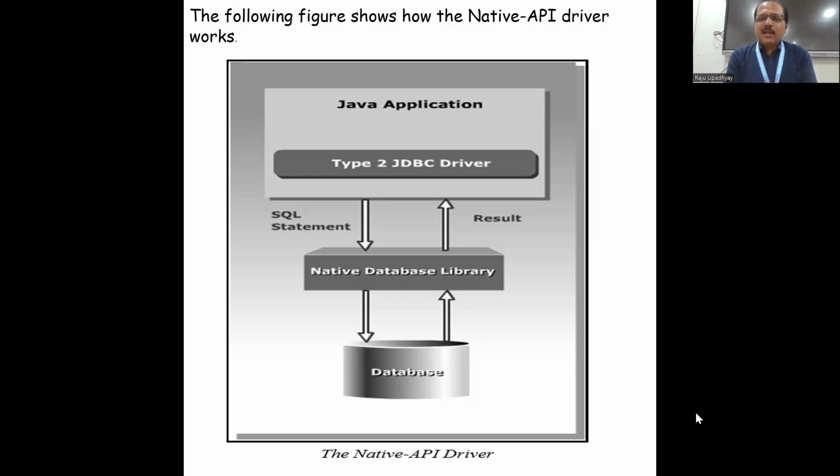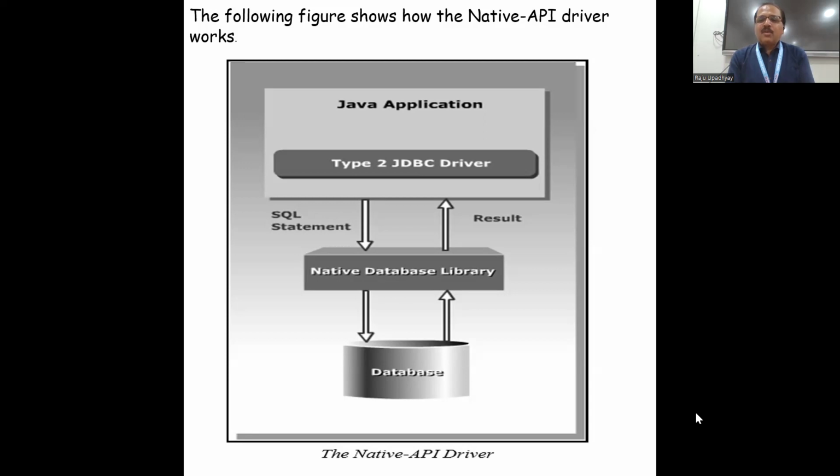That means at that point in time, all database vendors created their own database application, and along with the application, they used to create their native API driver or native API libraries, and they used to ship them to all the clients who purchase their database. Because in that era, Java got popularity.